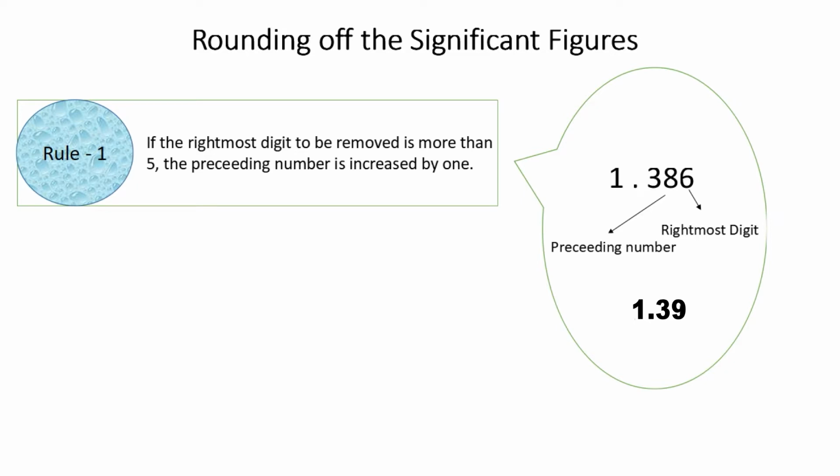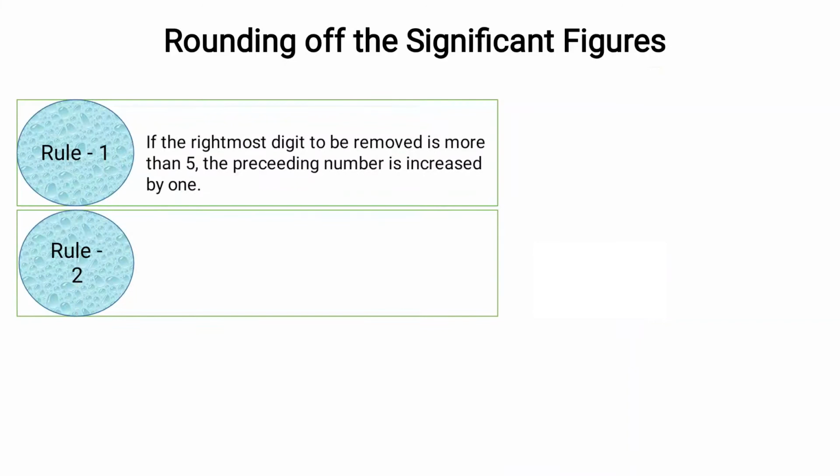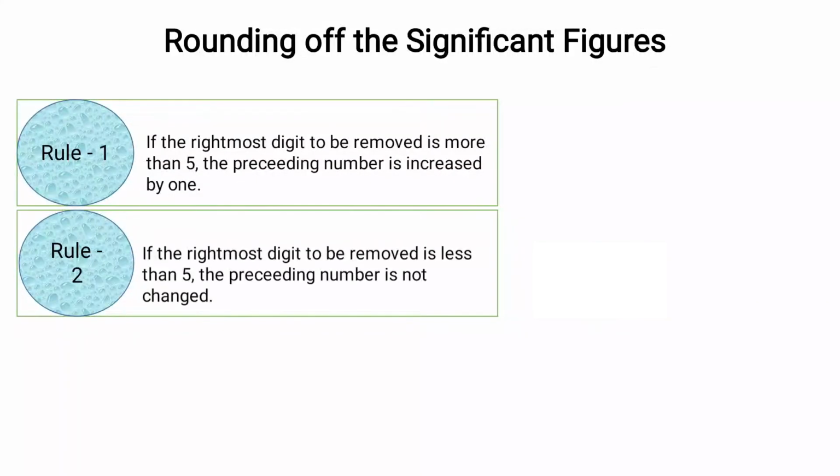Going to rule 2, according to rule 2, if the rightmost digit to be removed is less than 5, whereas rule 1 says that the rightmost digit to be removed is greater than 5. Rule 2 is that if the rightmost digit to be removed is less than 5, then the preceding number is not changed.